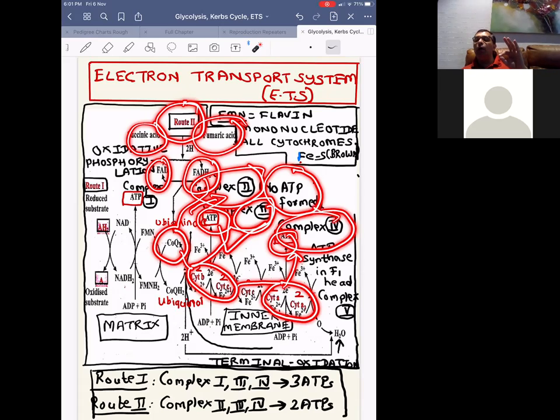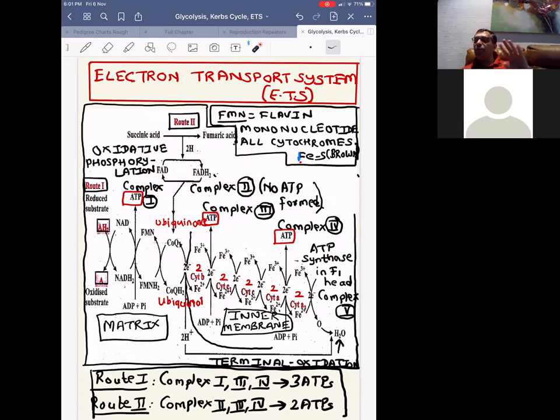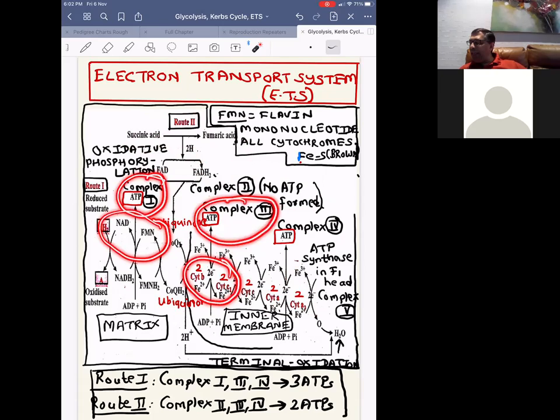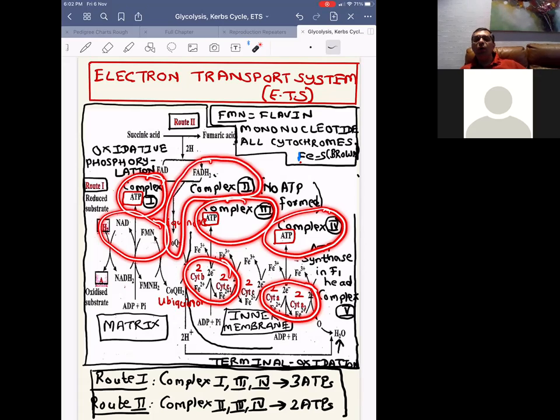And if you remember, actually there are 5 complexes. Which are the 5 complexes? NAD to FMN is called complex 1, B to C1 is called complex 3, A to A3 is called complex 4, and FADH2 to coenzyme Q is called complex 2.